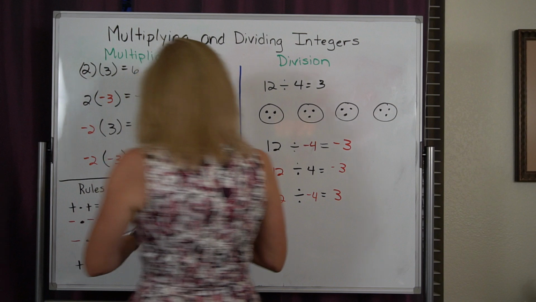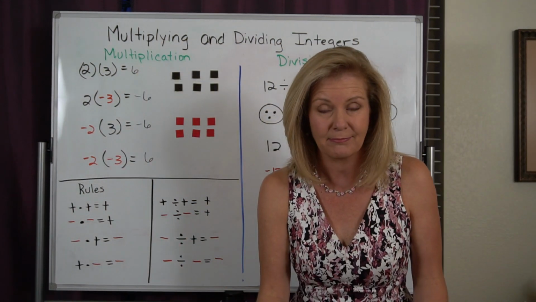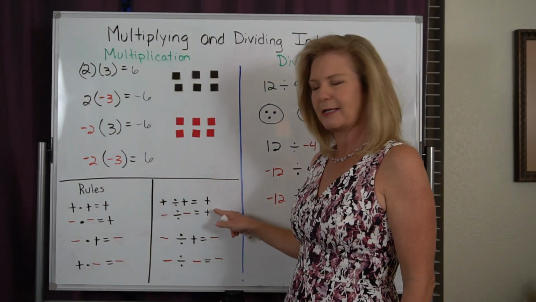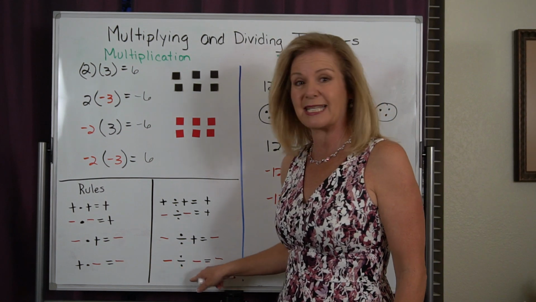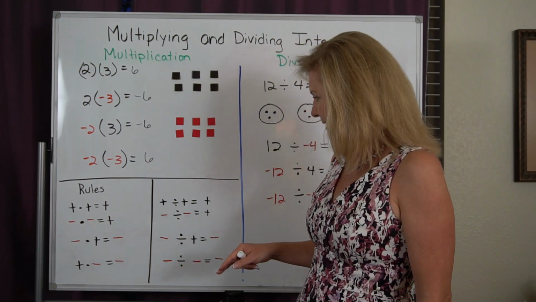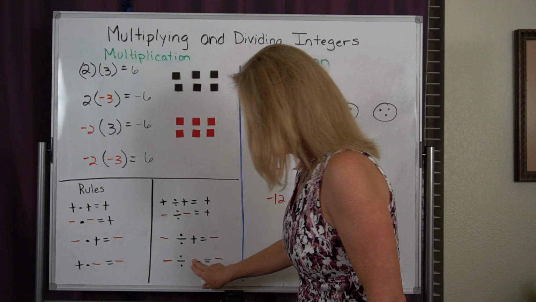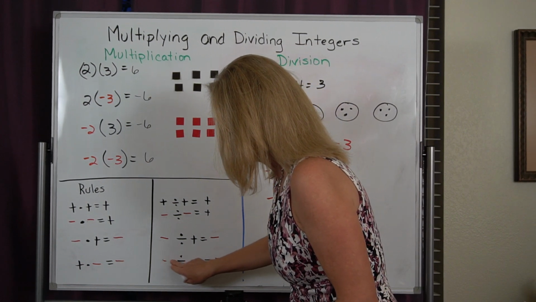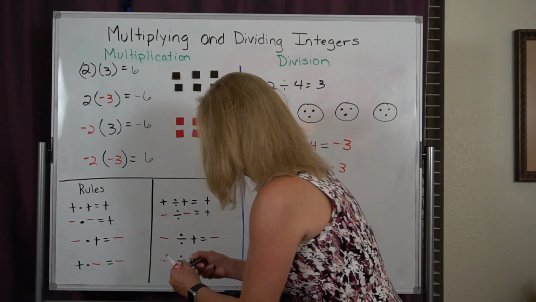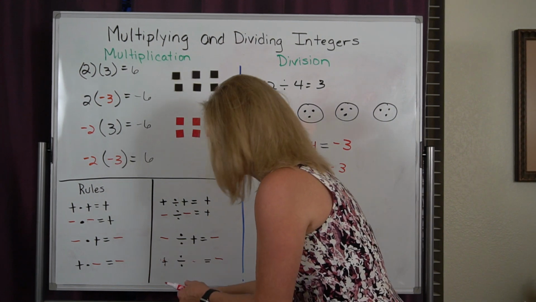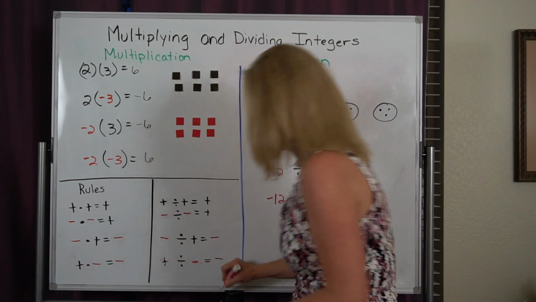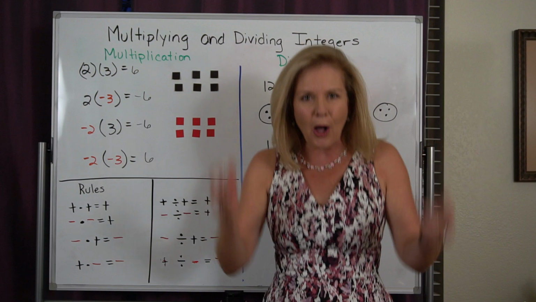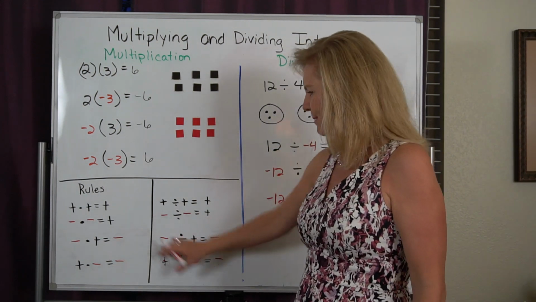If you have 2 signs that are exactly the same, it's got to be positive. If you have 2 integer signs that are different, then it has to be negative. Ooh, I need to change this to make these different right there. So let's change that. Let's say if we have a positive divided by a negative, then we get our negative. You always have to think about that flipping.